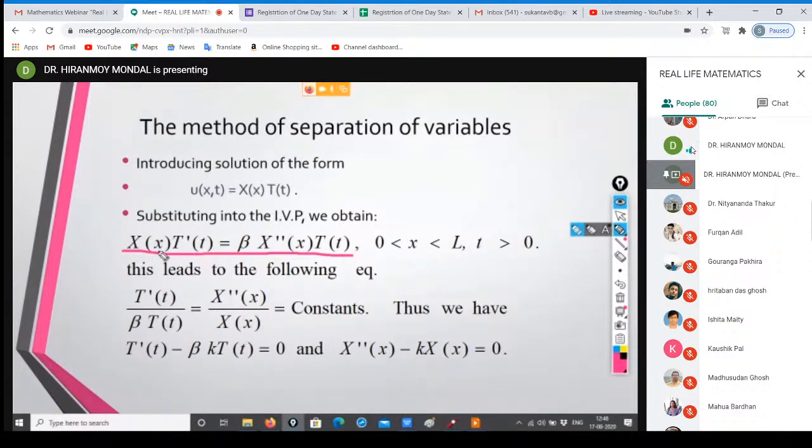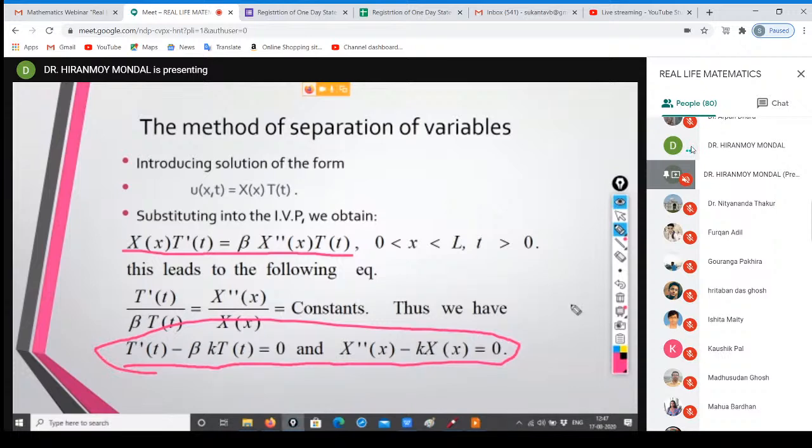So the x term will be constant, the t term is variable, so it will be T dash. Ultimately we integrate T dash by T, and we get these two equations, T dash by T equals plus or minus beta k, and this equation we have to find out.